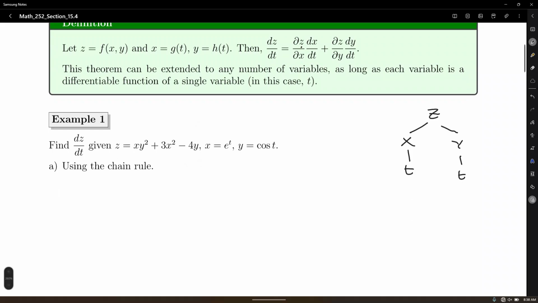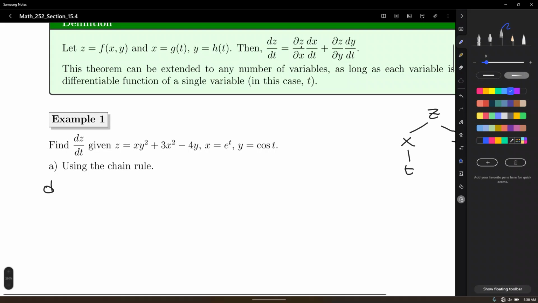Okay, so using the chain rule, that is dz/dt equals the partial of z with respect to x times dx/dt plus the partial of z with respect to y times dy/dt.